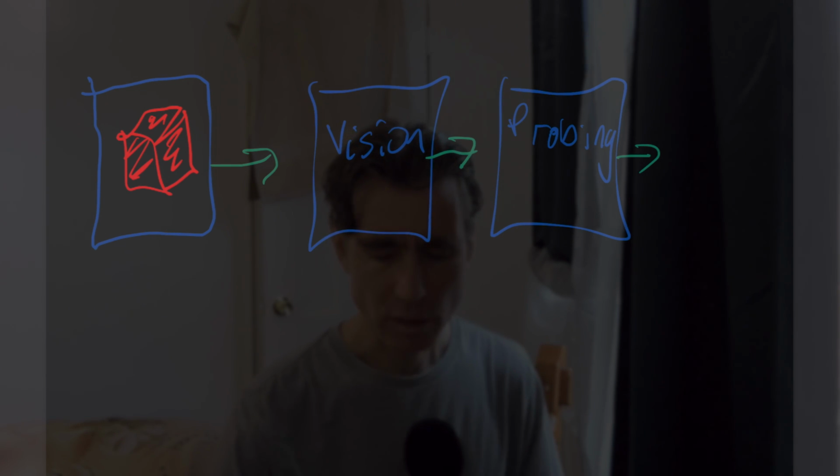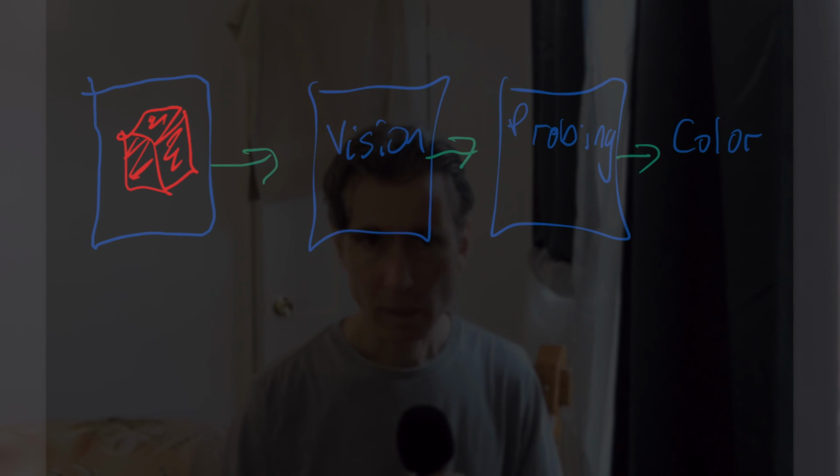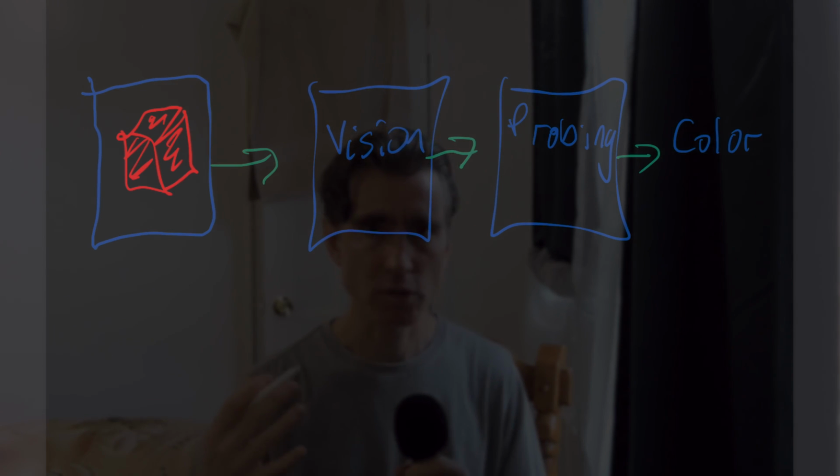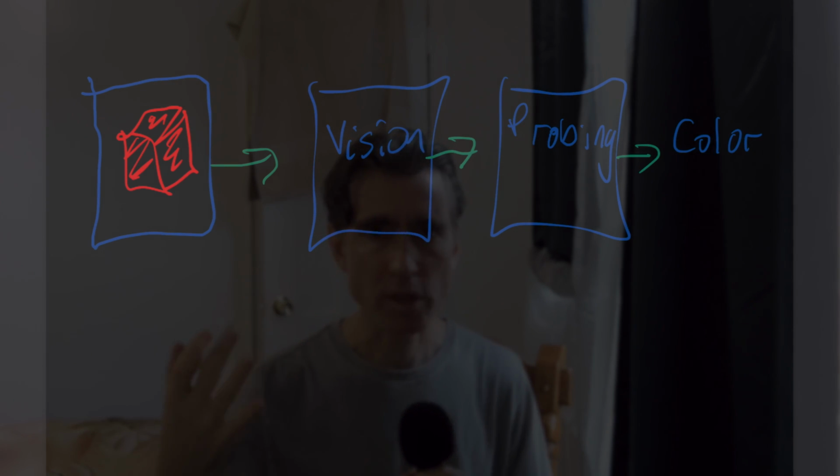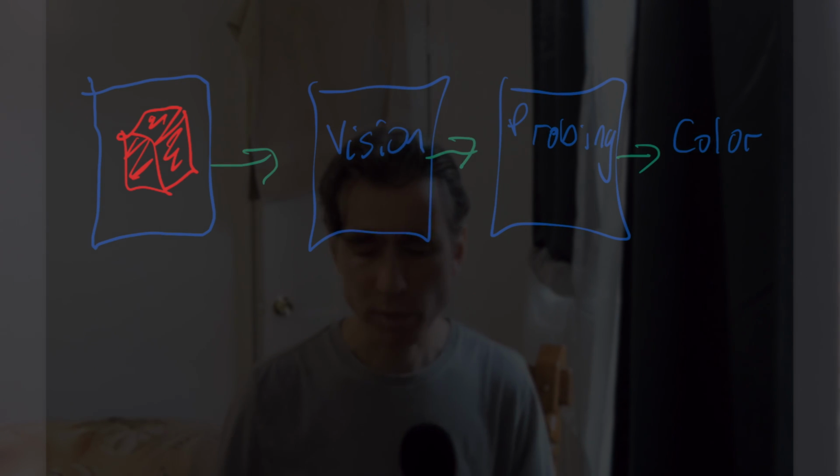It can predict, for example, color. Now, let's imagine that the vision module is colorblind. It can't see color. So the output of the vision module is basically a representation of other things the agent can see, the position for example, or possibly the shape, but it won't contain any information about color.